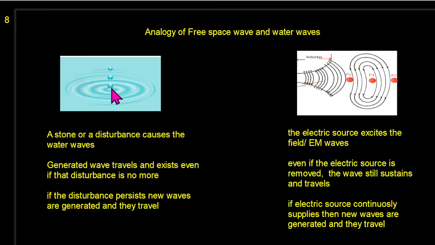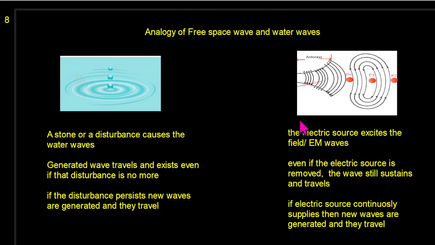Only one time you are throwing the stone, and because of that one-time disturbance the waves are generated, and even if you are not throwing any more stones, the already generated wave travels. Okay, and if you throw some more stones, then the disturbance persists and new waves will be generated and they are also traveling.